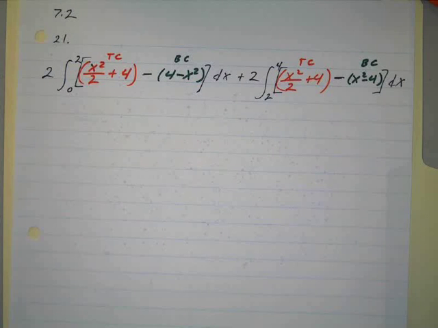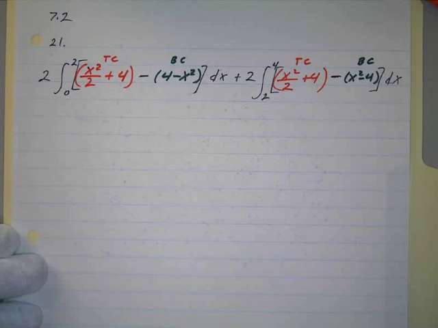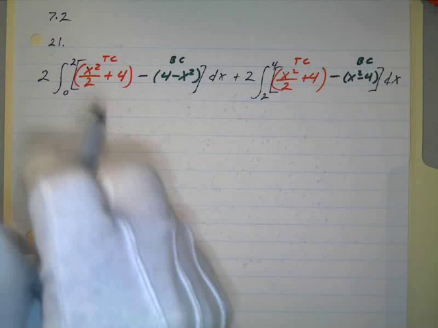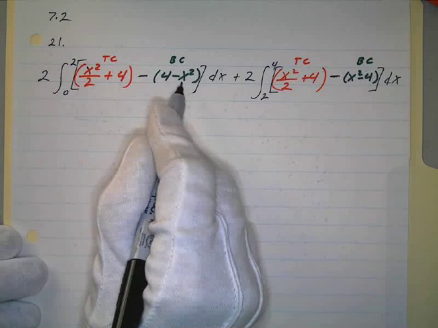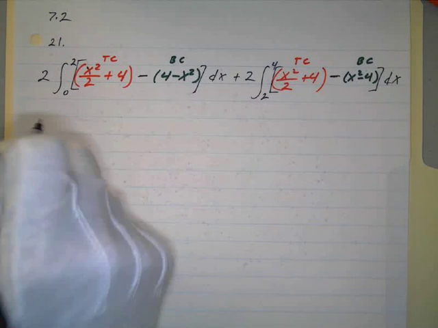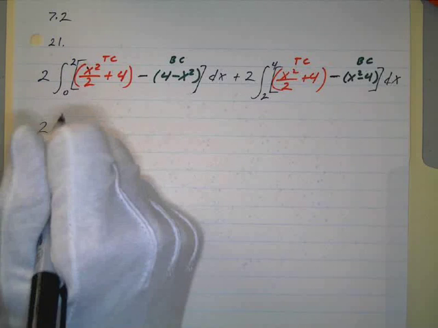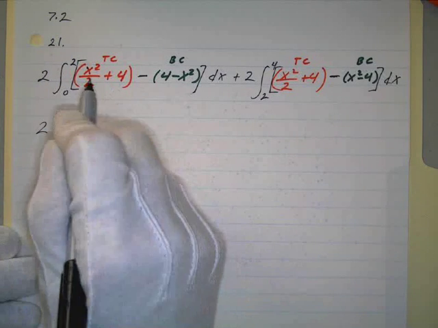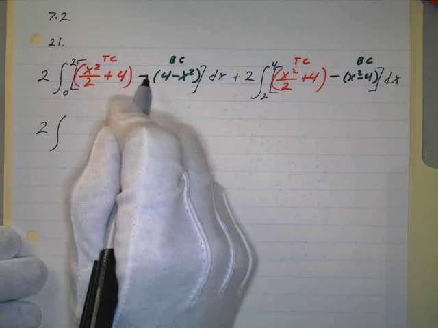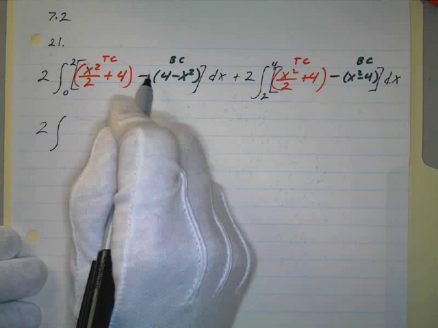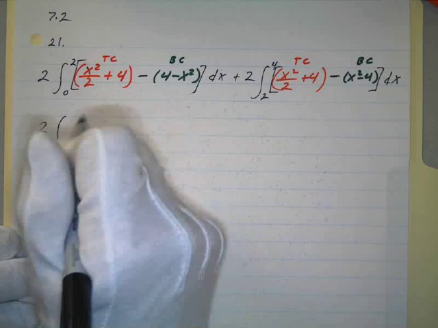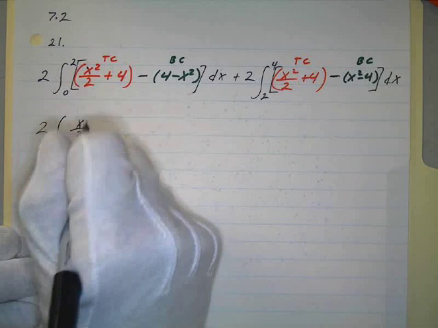And the rest is just mechanical work. And again, you could put these in your calculator and check them. But what we're going to do is simplify this before we take the antiderivative. So 2 times the integral, and then I could say x squared over 2.